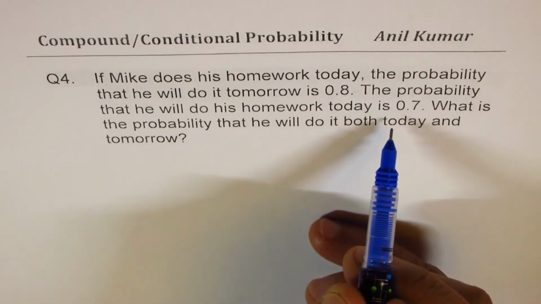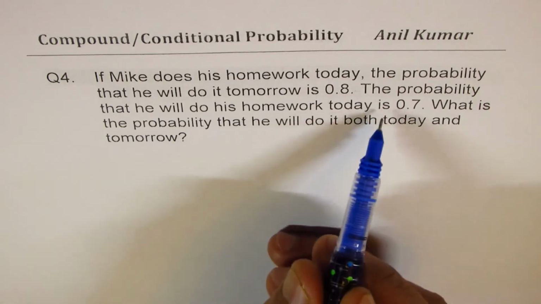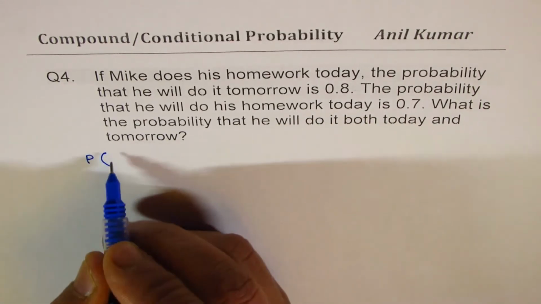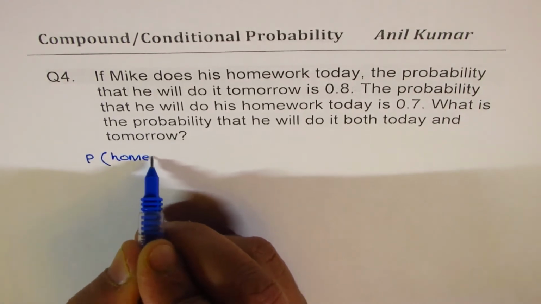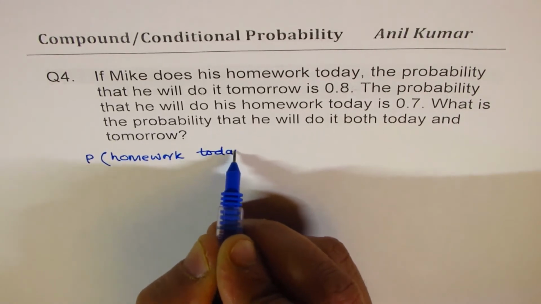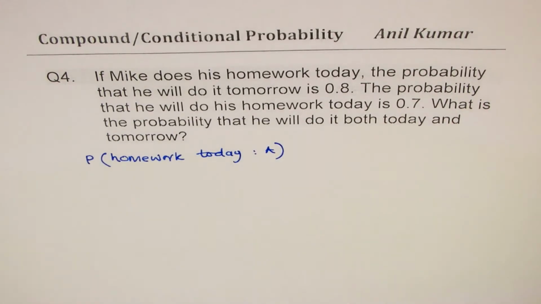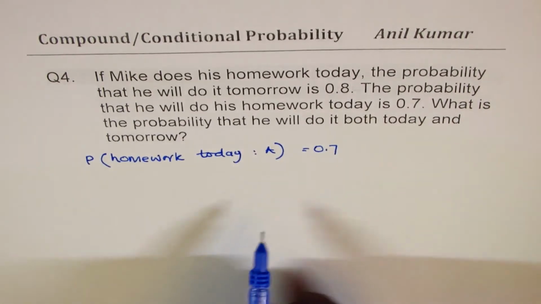So what we are given here is the probability of doing homework today. Let's call this event A, and this is given to us as 0.7.